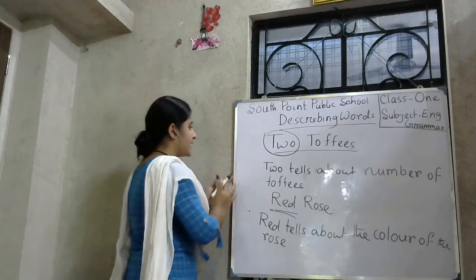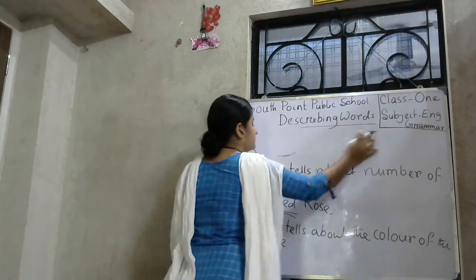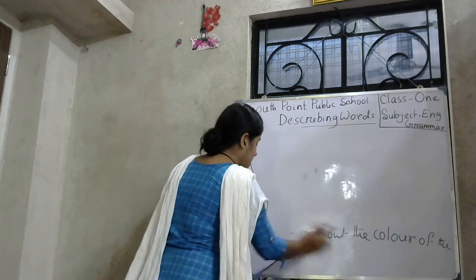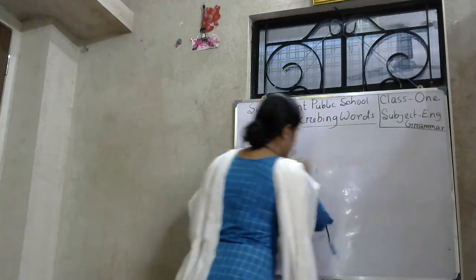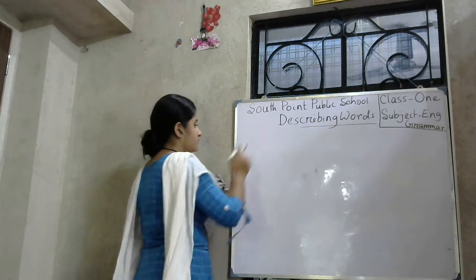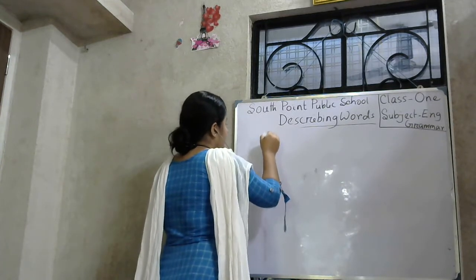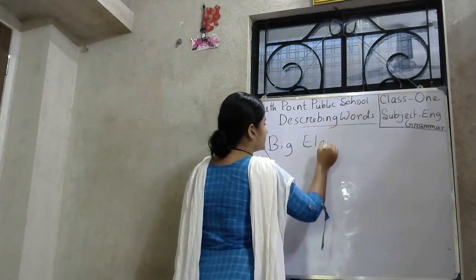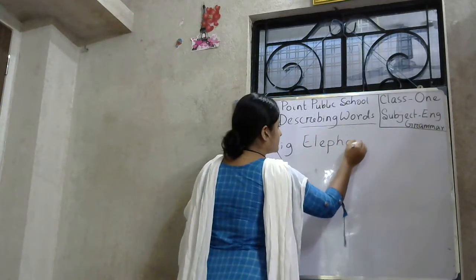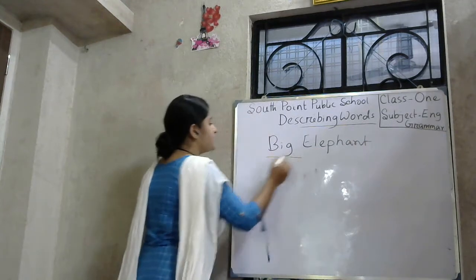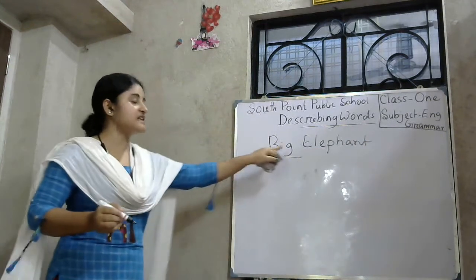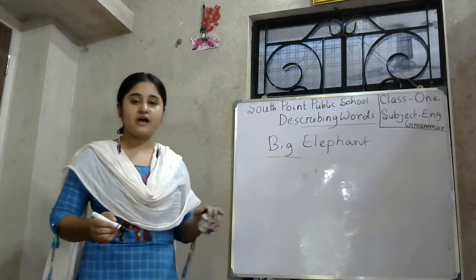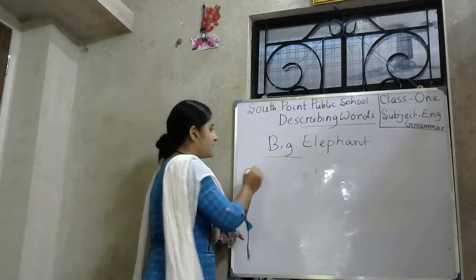Next example I am writing. Big elephant. Here is the word big. Big tells the size of the elephant. What kind of elephant?